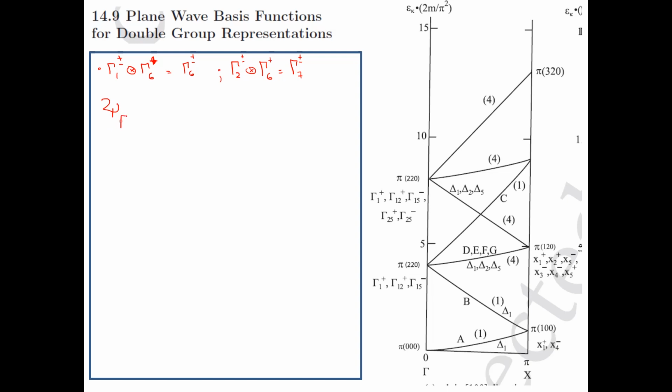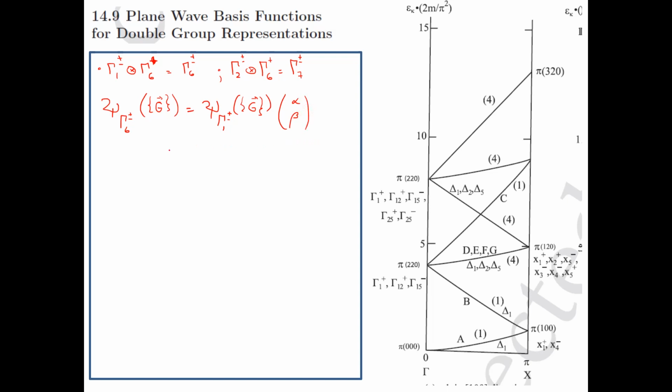Okay, for instance, a gamma 6 plus or minus symmetrized wave function, let me write that using that notation, a combination of plane waves, right? So in this case, this would be a combination of all these 6 plane waves here. The way to write that for a gamma 6 representation is that we start from the gamma 1 combination of plane waves and just multiply by the spin function that could be either spin up alpha or spin down beta.